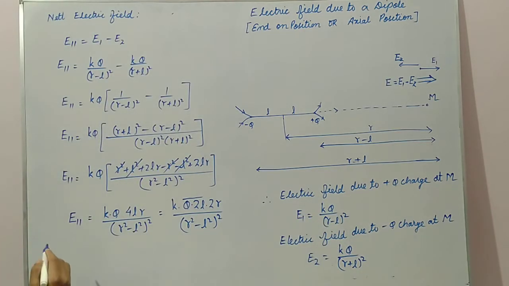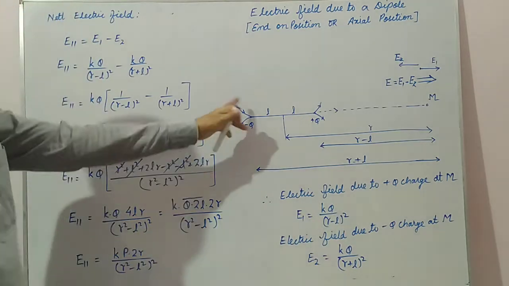So here, electric field can be written as kp into 2r by (r square minus l square) the whole square.